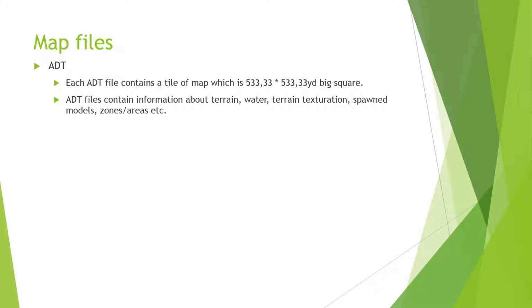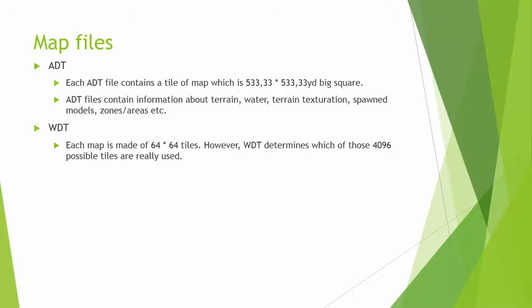ADT files contain information about terrain, water, terrain texturing, spawned models, zones and areas, etc. WDT files. Each map is made of 64 by 64 tiles. However, WDT determines which of those possible tiles are really used. WDT can also set map to be made of one WMO model only.